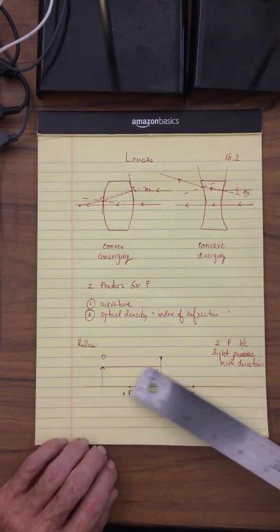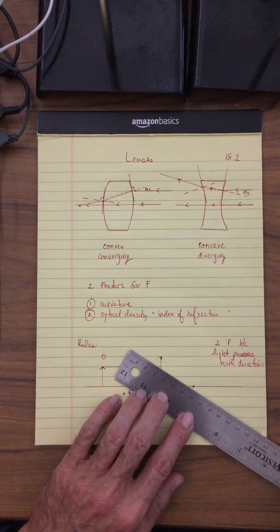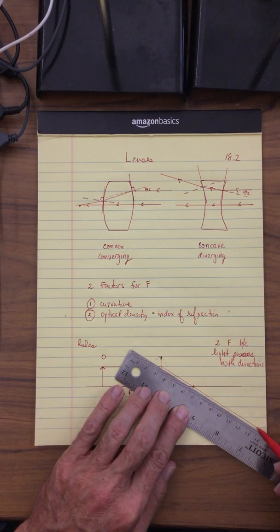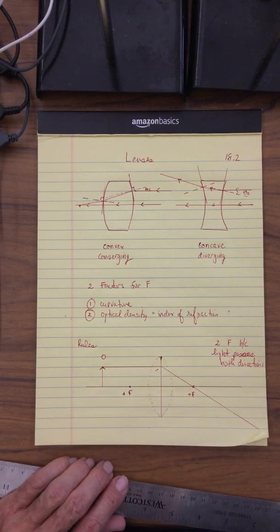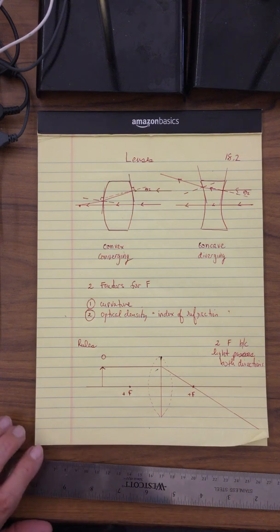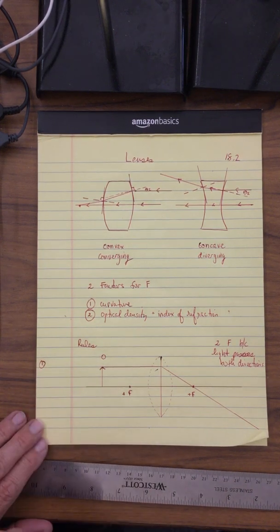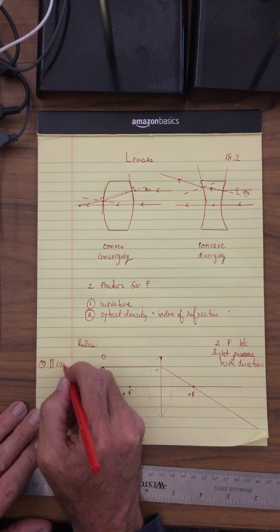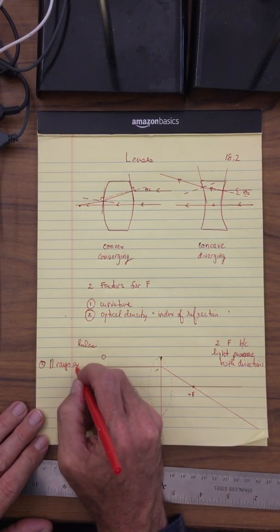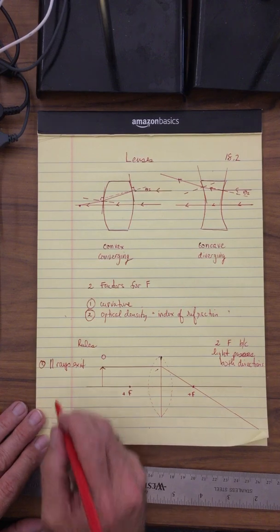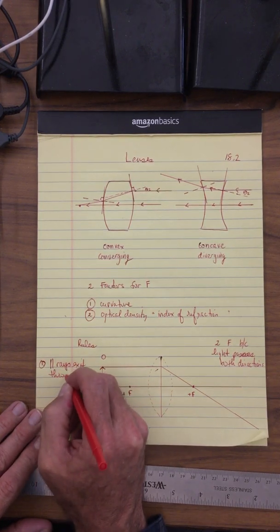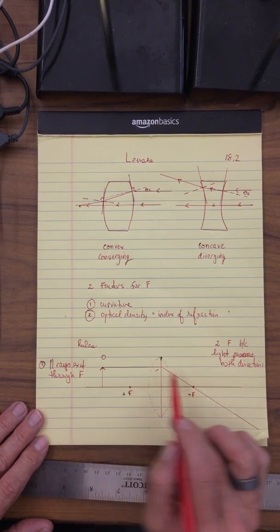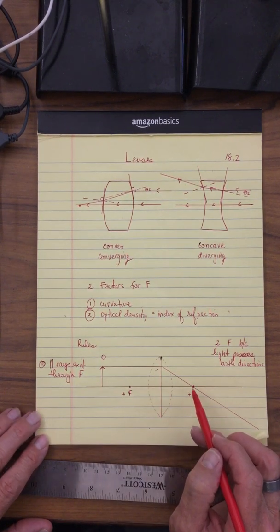So rays that come in parallel are going to exit through the focal point, like that. So that's rule number 1. So again, parallel rays exit through the focal point. And of course, since it's a lens, it's a focal point on the opposite side.